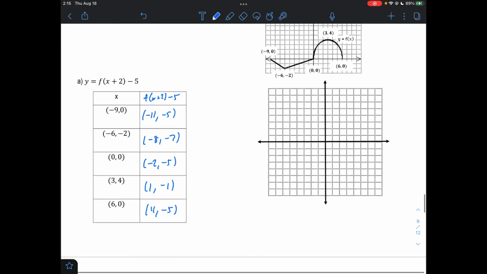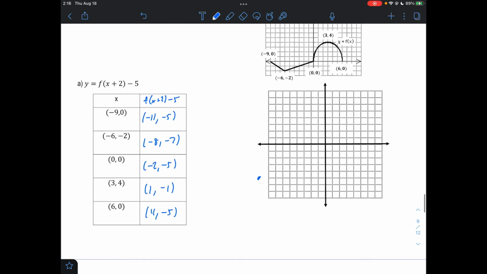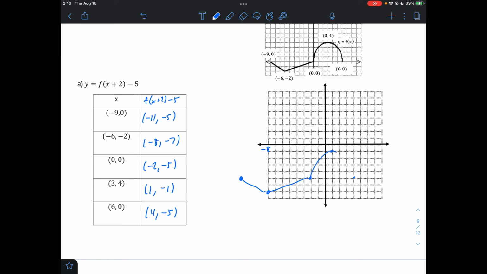So if we plot those points here, let's see, -11, -5, right about here, -8, -7, let's go a little further than that. This is 8 here, so -11 be over here. There's -11, -5. -8, -7. -2, -5. 1, -1. And 4, -5. So our graph might look like that.